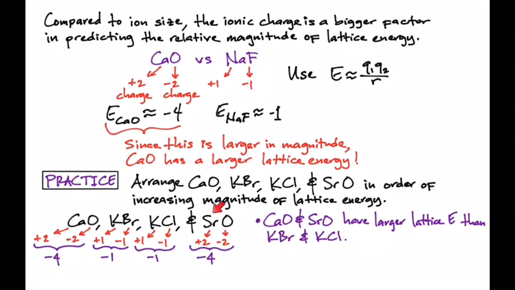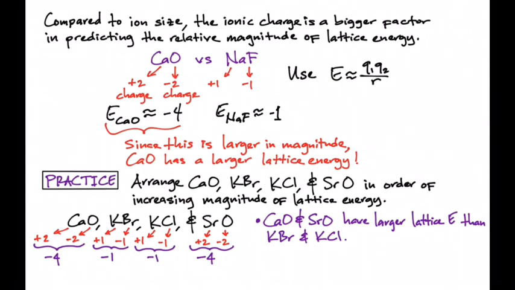As you can see, strontium oxide and calcium oxide have larger lattice energy in comparison with KBr and KCl. And so now the question is, which one has a larger lattice energy, calcium oxide or strontium oxide? Well, now we have to take into account the distance between the two ions, the value of R. And how do we do that?